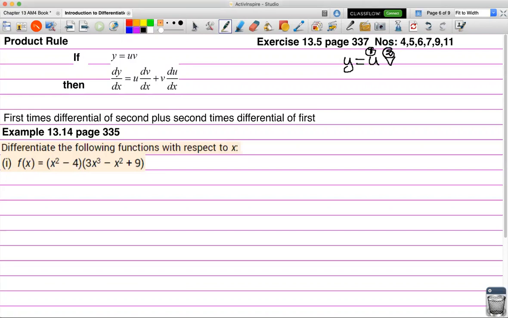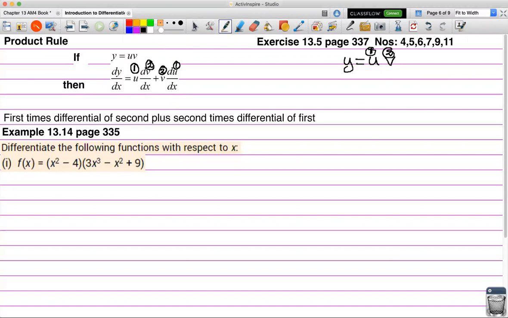And if you look at this formula here, what is u? Well, u is number 1. And what's v? It's number 2 function. And what's u? Number 1.